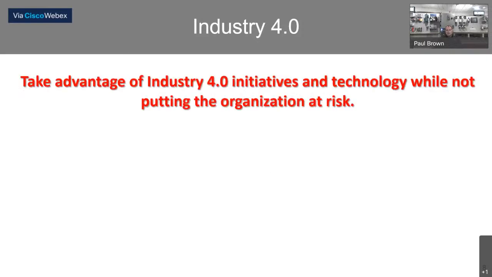To take advantage of Industry 4.0 initiatives and technology without putting your organization at risk, we need something to help protect us. And this is where the ICS Defender comes into play.